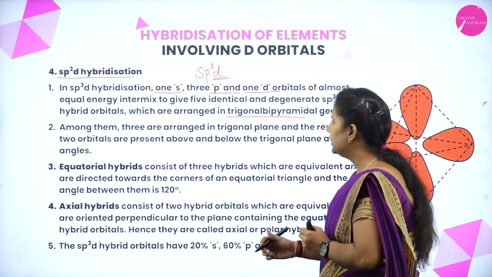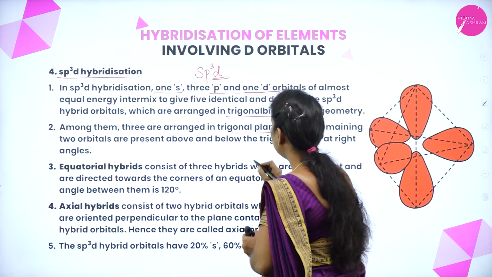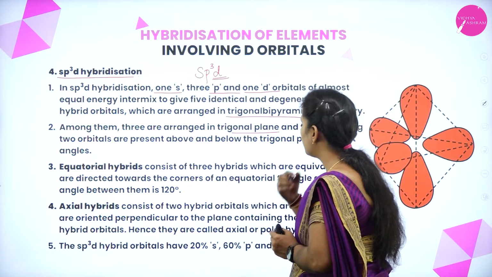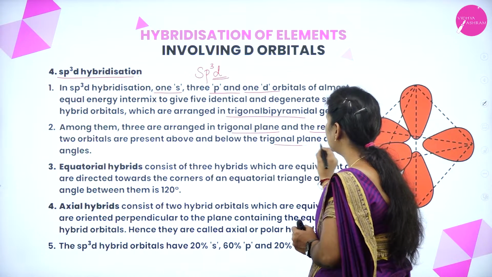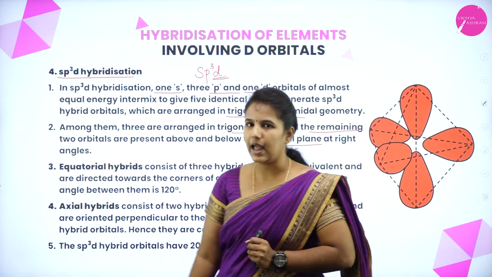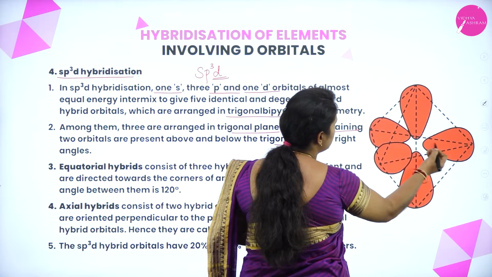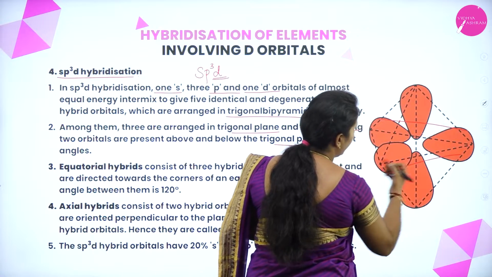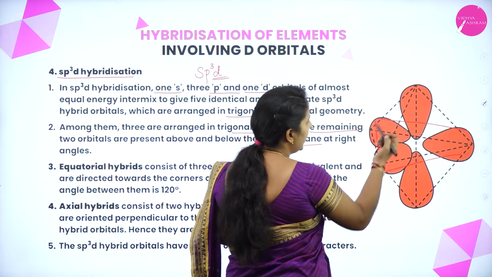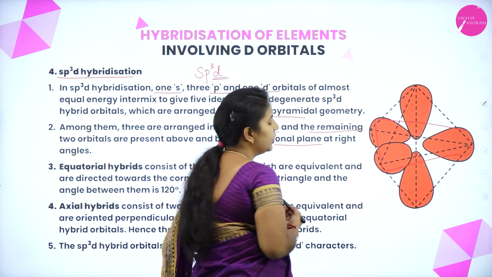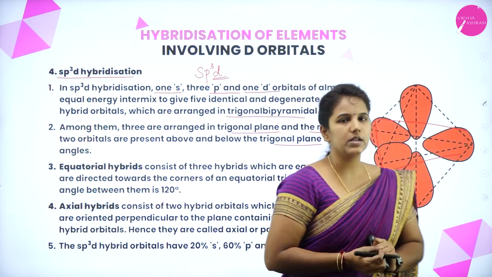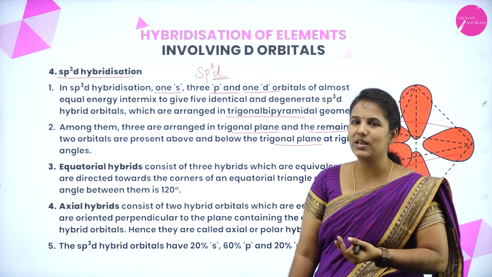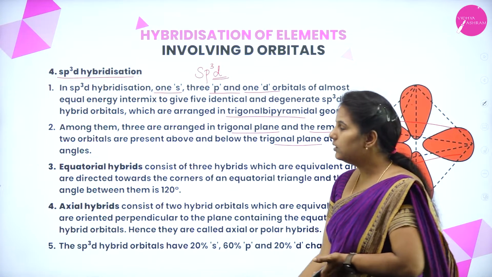Among them, three are arranged in a trigonal plane and the remaining two orbitals are present just above and just below the trigonal plane at right angles. You can see that these three orbitals are present in a trigonal planar structure, and just above and below it one atomic orbital each will be there; we call them the equatorial and the axial hybrids.